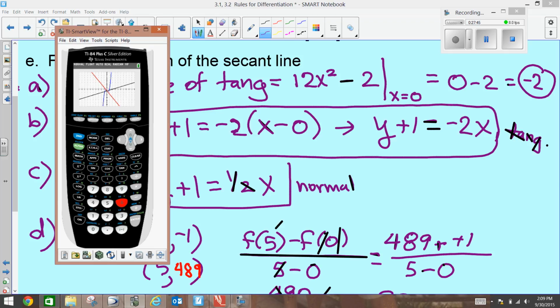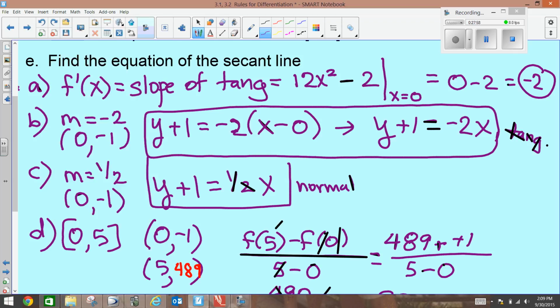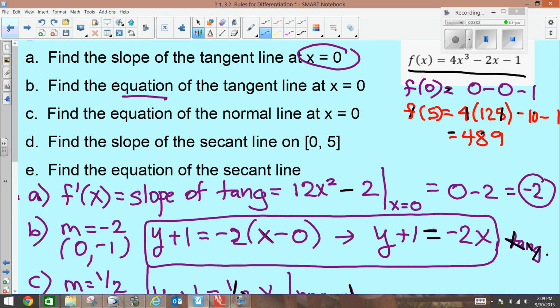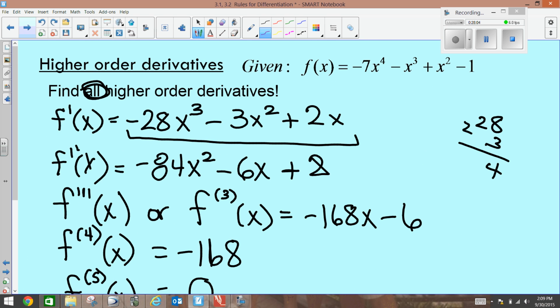The reason it doesn't look very perpendicular-ish is because I don't have this to be square, so it's a little lopsided, but it works. Okay, and I'm not going to put my secant line in, but that's how you do all that.